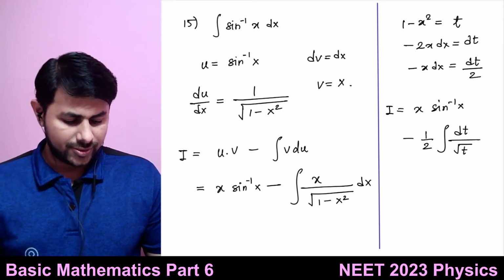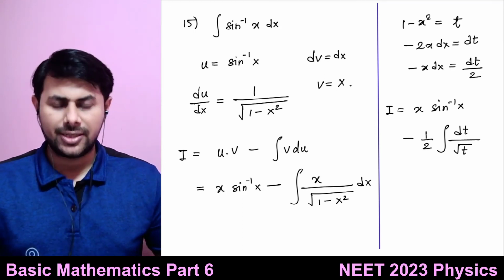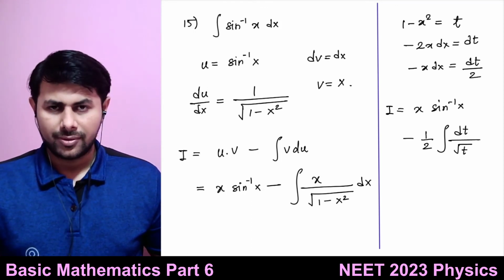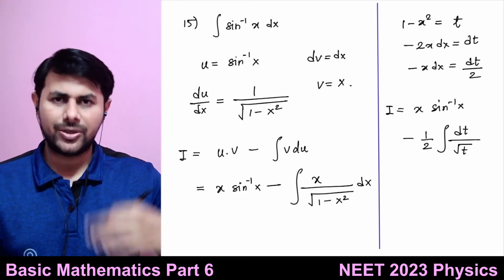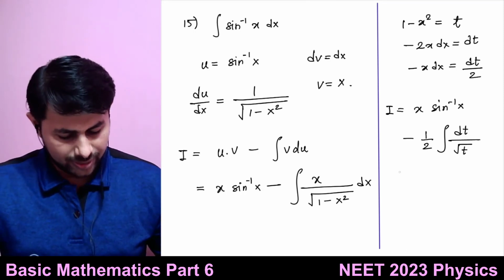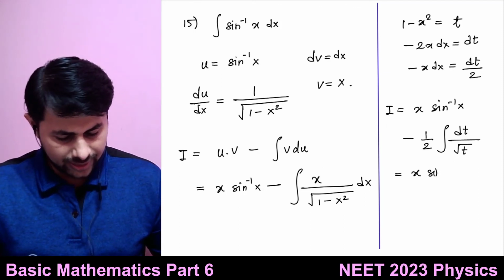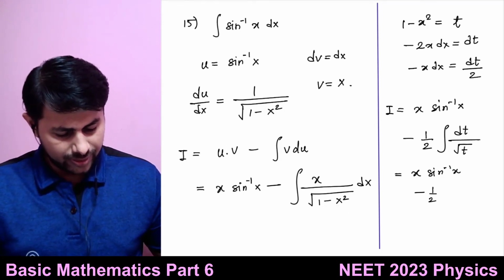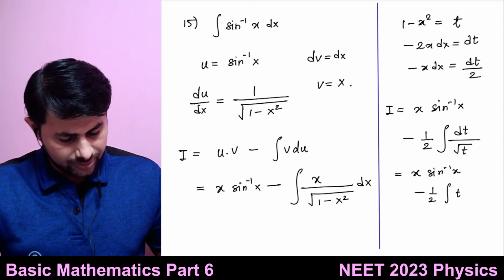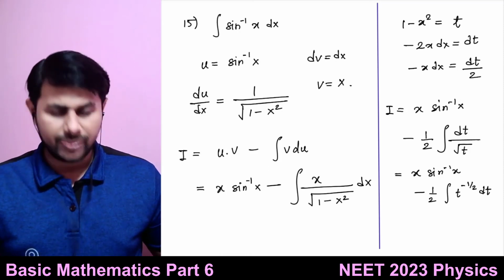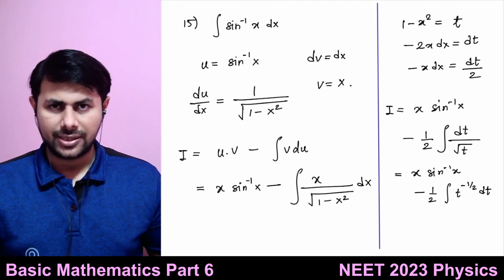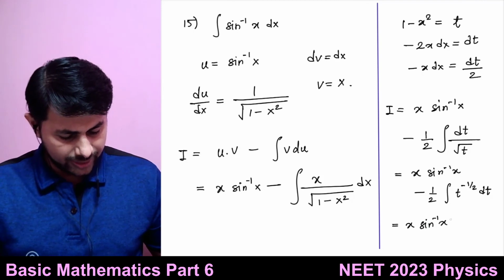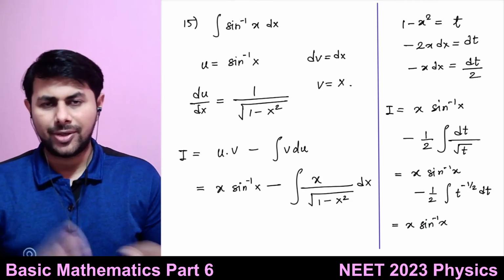So it is 1 upon square root of t. That means it is t raised to minus half. So I have x sine inverse of x minus half times the integral of t raised to minus half dt, which will be t raised to n plus 1 upon n plus 1.